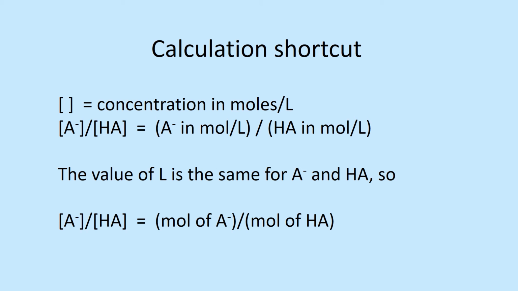So since the denominators are the same in both cases, for the A minus to HA ratio you can just use the ratio of the moles. And that makes life easier, because if the volume happens to change during your calculation, you don't have to worry about what the volume is, because it's going to be the same for both A minus and HA. So the ratio is just going to be the ratio of the moles.